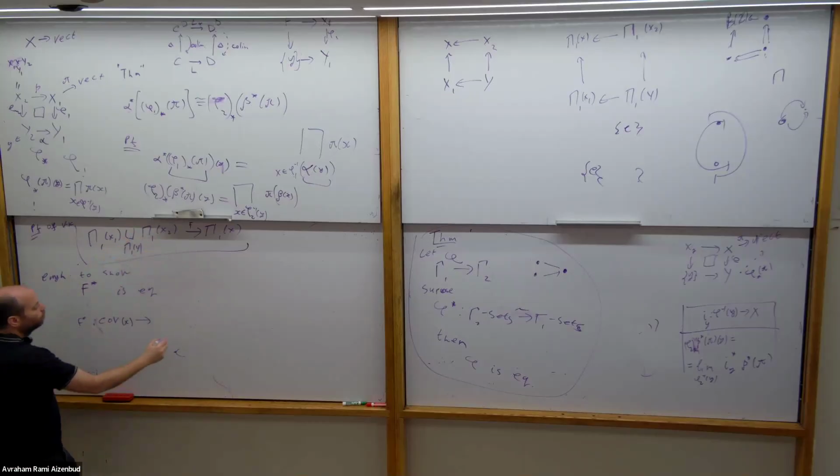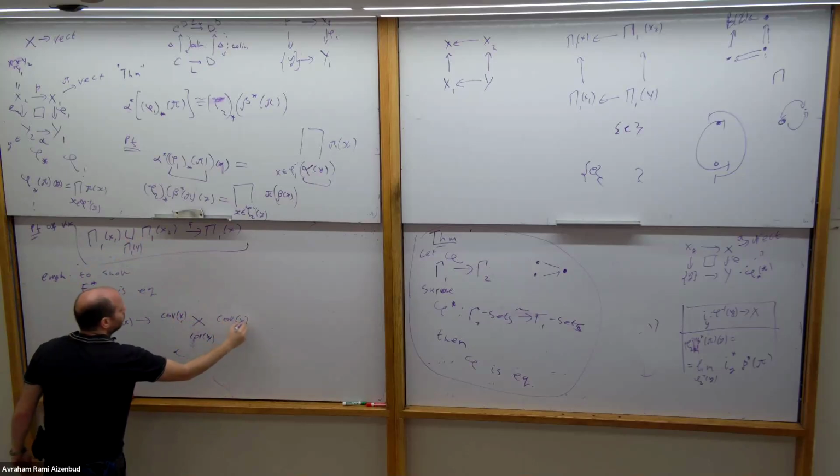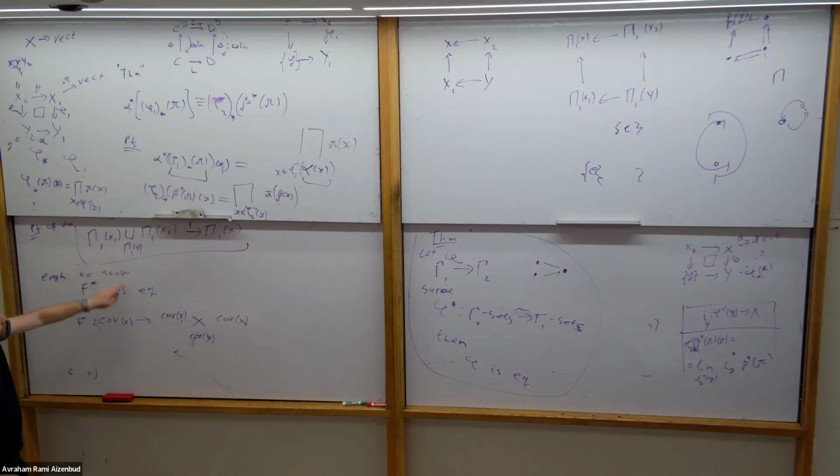So we replace it with covers of X, covers of X1. This functor gives us some functor like this, and we will need to show that this functor is an equivalence.